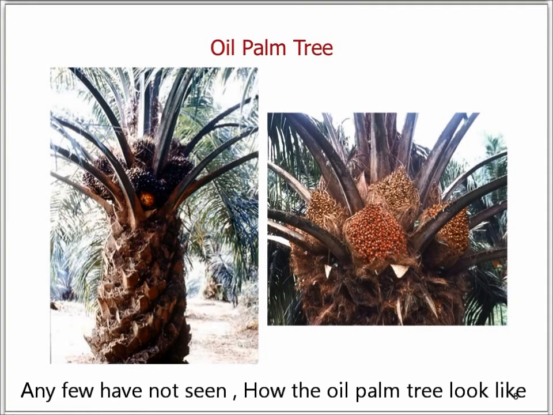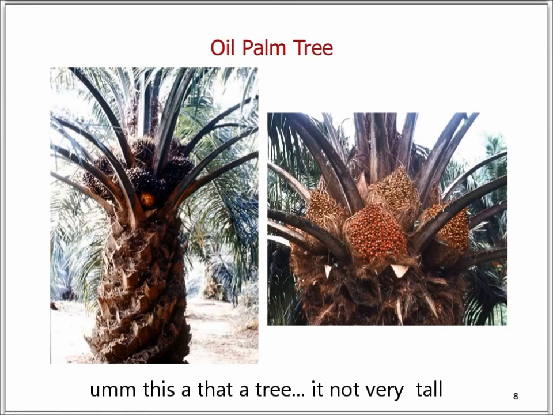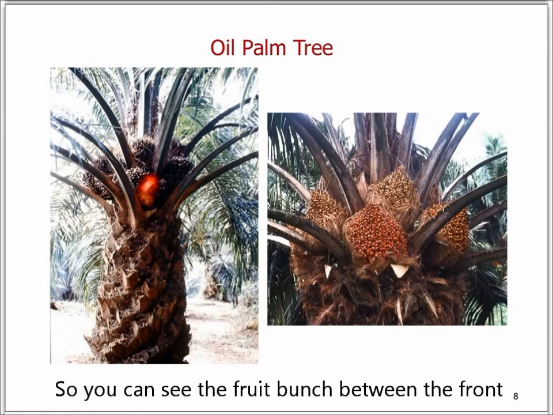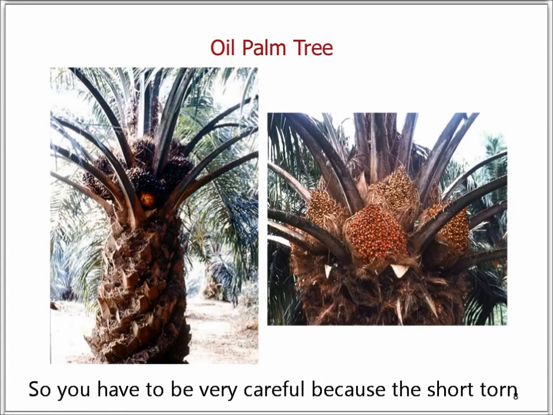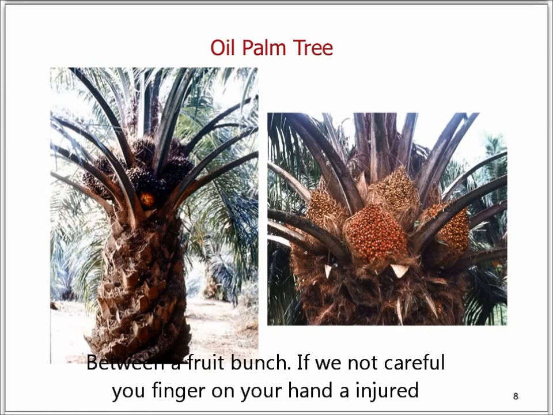And if you have not seen how the oil palm tree looks like, this is how it looks like. The tree is still not very tall, so you can see the fruit bunch between the fronds like this. So you have to be very careful because there's a sharp thorn between the fruit bunch. If you're not careful, you can get your fingers or your hand injured.